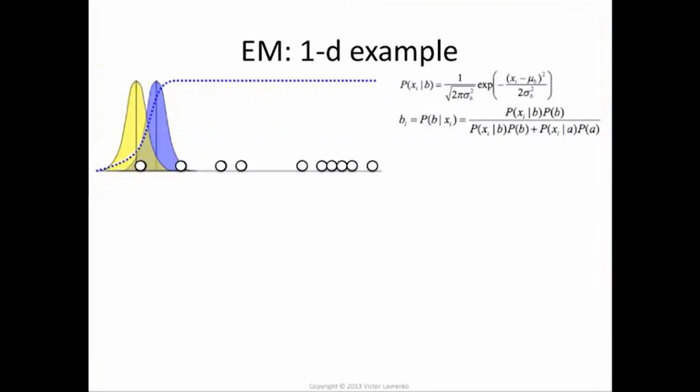So the posterior is actually going to be really high for that point. It's going to be assigned to the blue. And that's just Bi for one point, and of course you would repeat it for all of them. So for example, this point, would you expect Bi to be high or low? It's the probability that that point came from the blue.